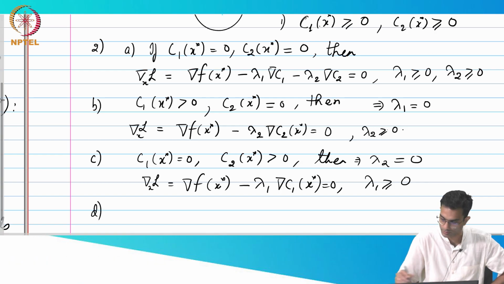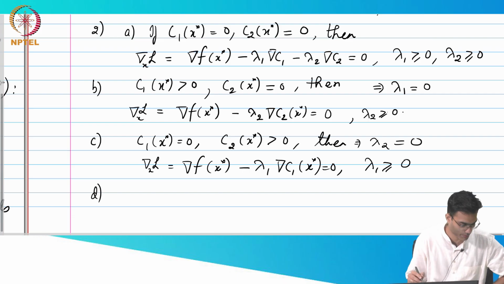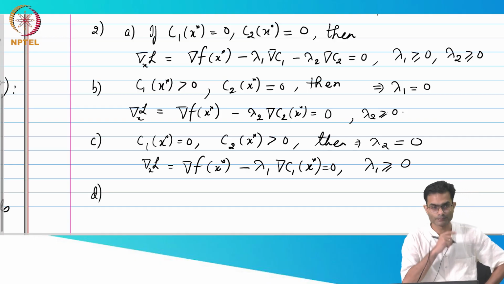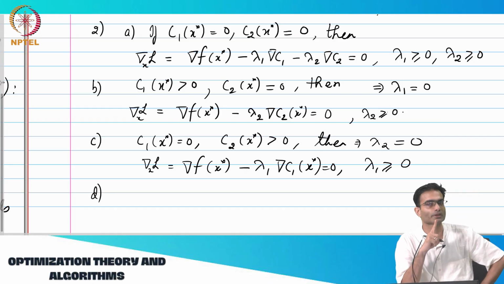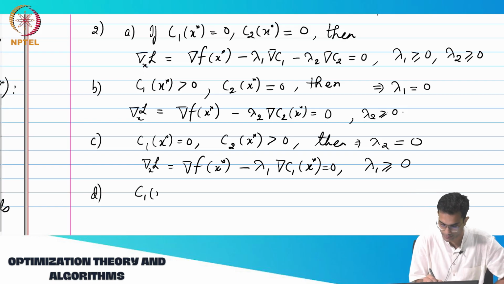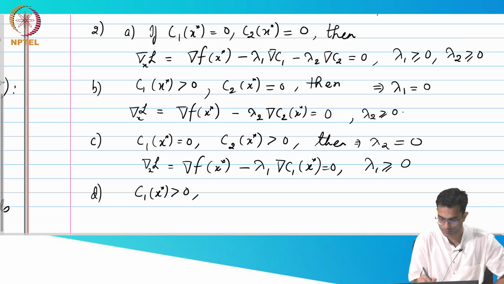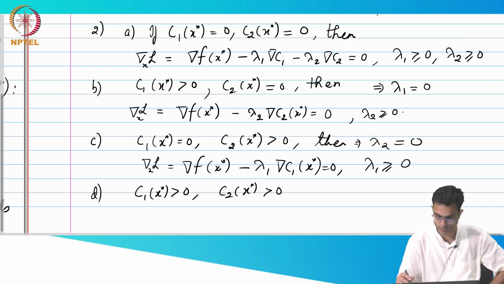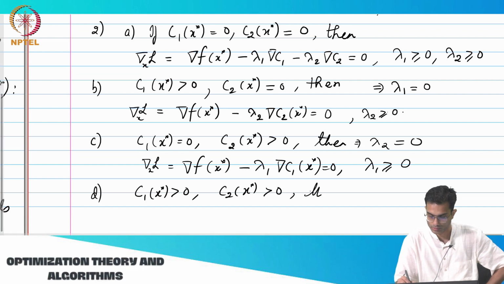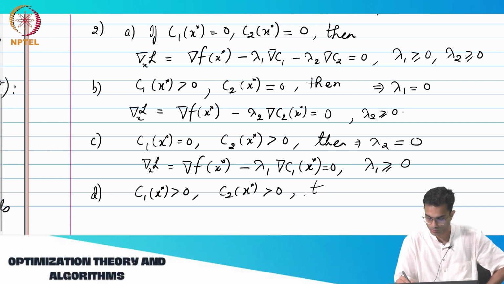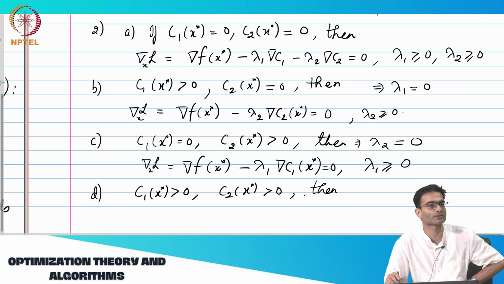And last but not the least, both the inequalities are inactive. So I have C1(x star) greater than 0, C2(x star) greater than 0. What happens to my Lagrange multipliers?